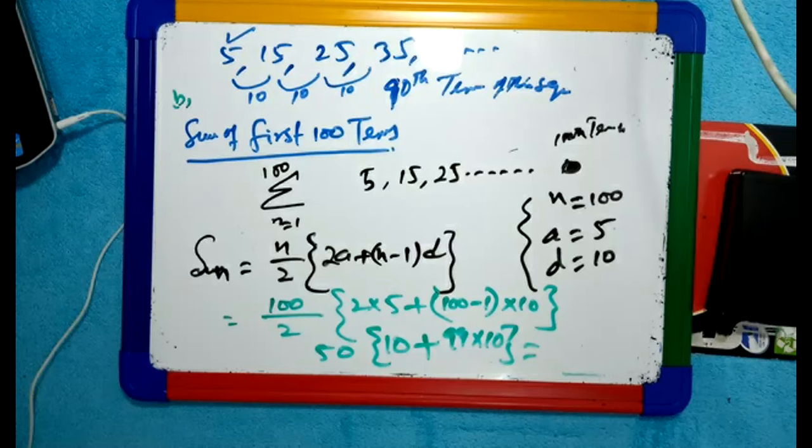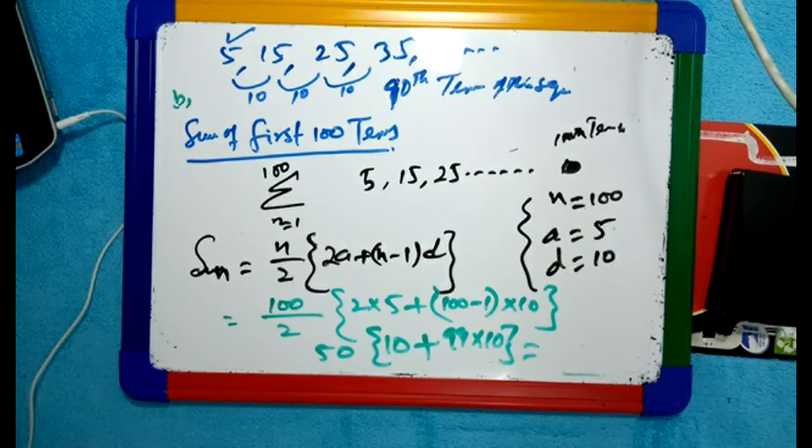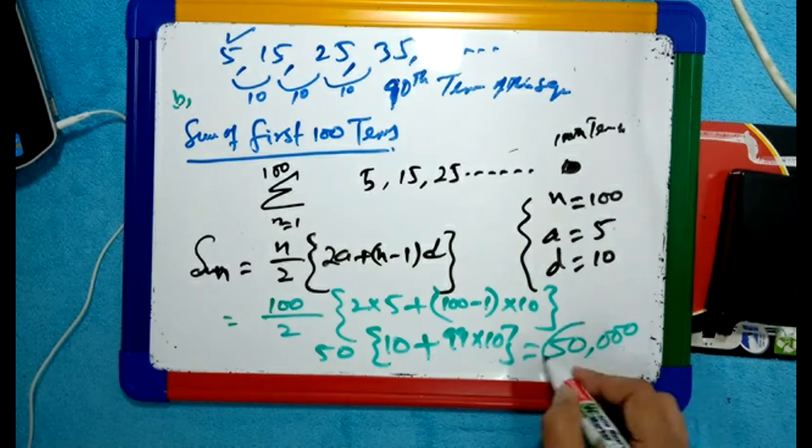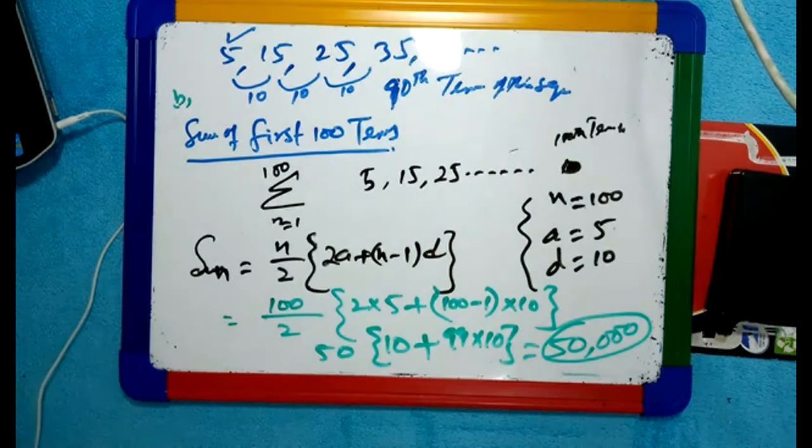It's very easy: 99 times 10 is 990, plus 10 is 1000. 1000 times 50 is 50,000. Wow, very nice question. I didn't know that such a nice figure would come. 50,000 is the answer.